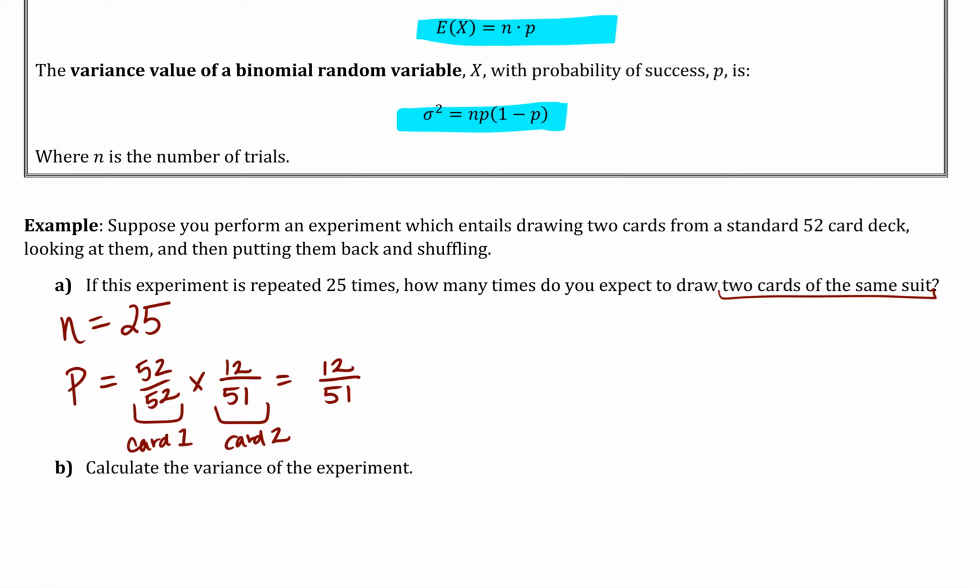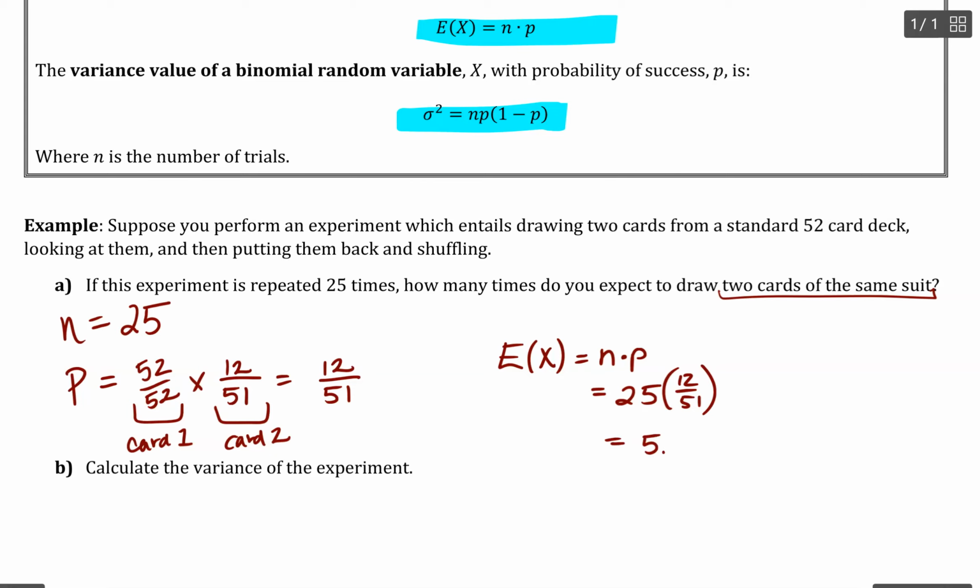So now for the expected value of doing this 25 times, we take n times p, which gives us 25 times that probability 12 over 51. And we have to round and we get 5.88. So in 25 times, we expect that about 5.88 times, or almost 6 times, that we draw 2 of the same suit.